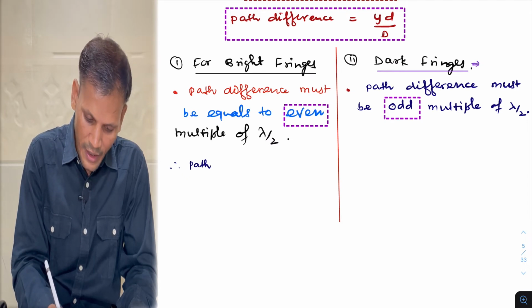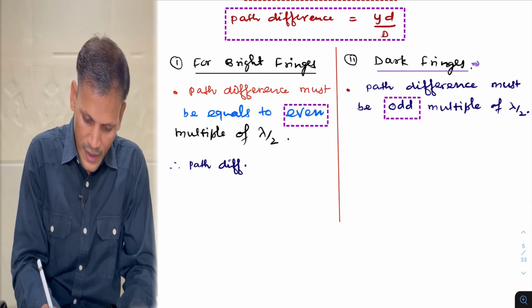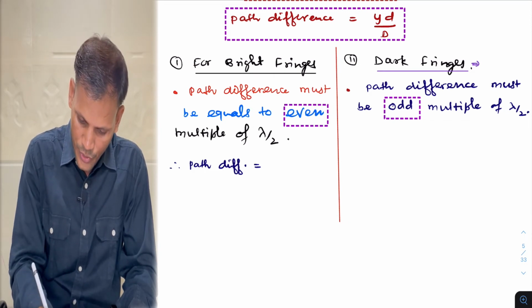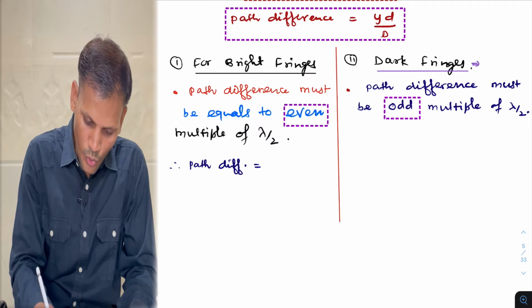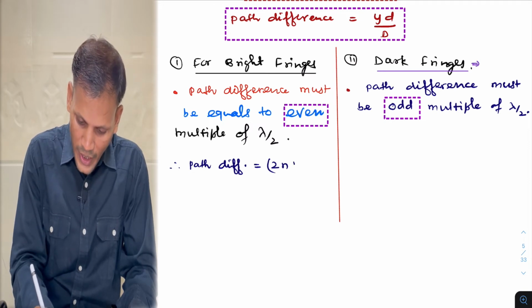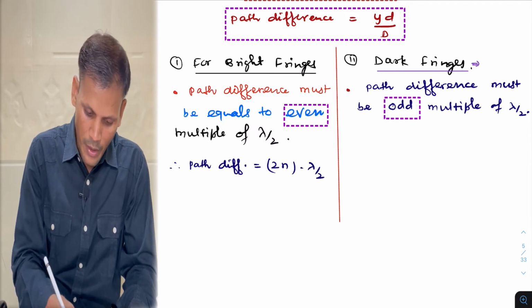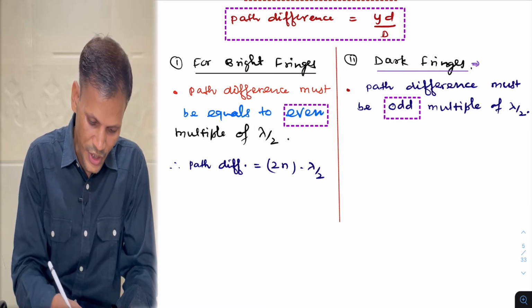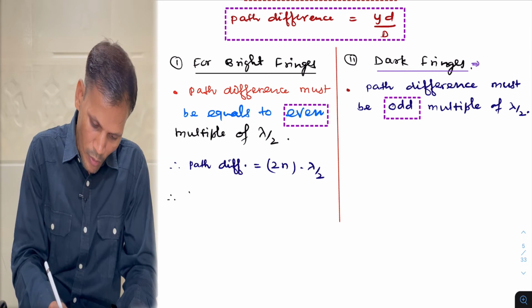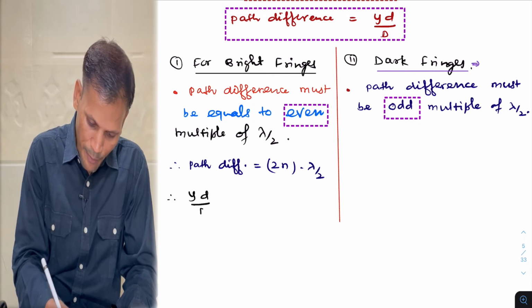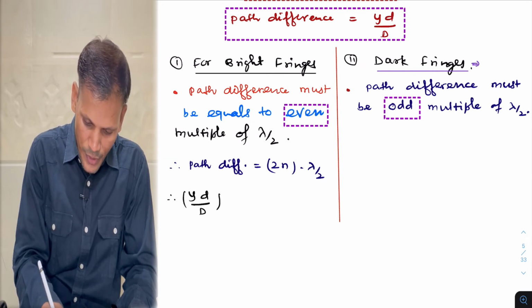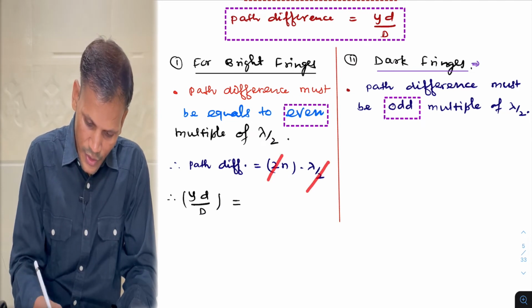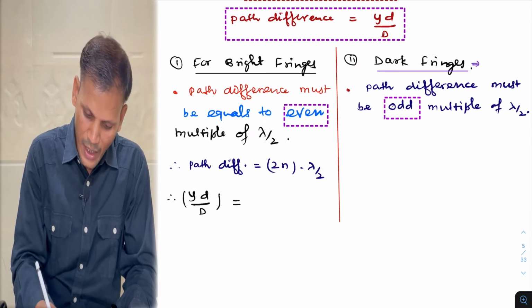An even number is 2n, so 2n into lambda by 2. The path difference is yd by capital D, so yd by capital D must be equal to, here 2 and 2 get cancelled, so we are getting only n lambda.